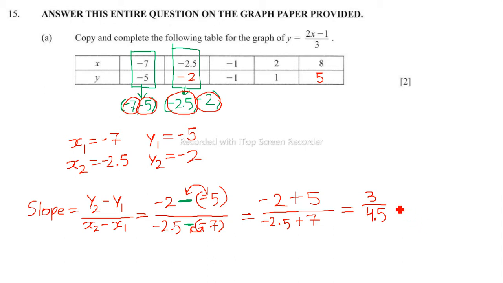Now, if you put it in your calculator, it'll give you 0.666 and continuing, and we know that 0.6666 is 2 over 3.